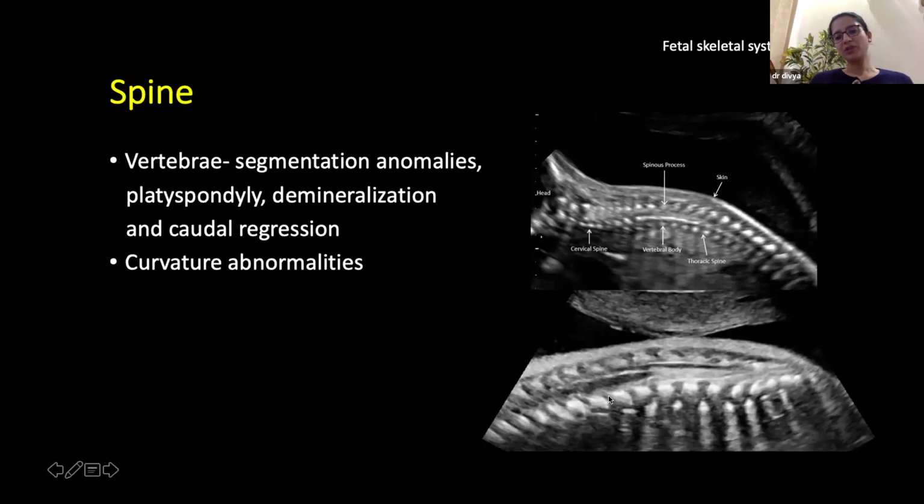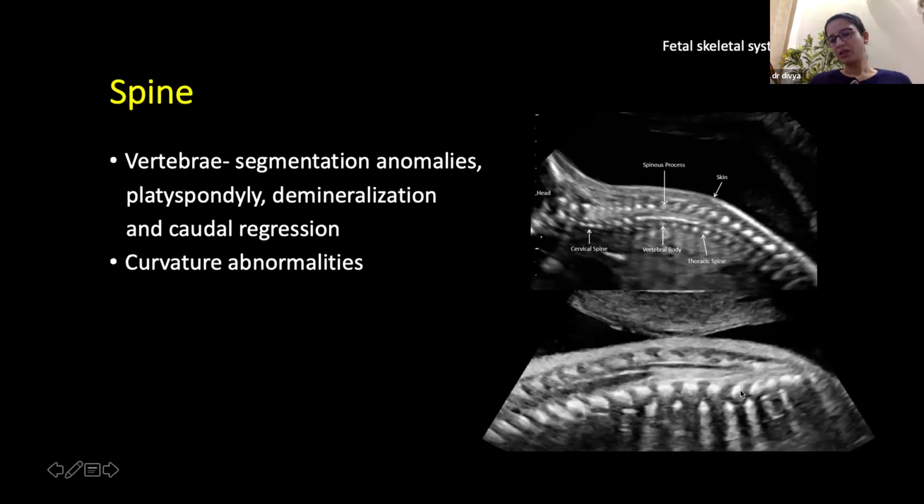What you also need to appreciate here is that the normal vertebral body height is more than that of the adjacent intervertebral disc. Whereas in cases with platyspondyly, where there is flattening of the vertebral body, the intervertebral disc height would end up being more than that of the adjacent vertebral body. So this intervertebral disc would become wider as compared to the vertebral body in case of platyspondyly.